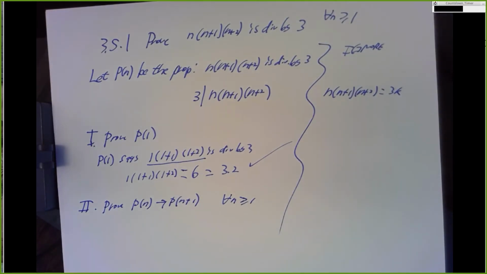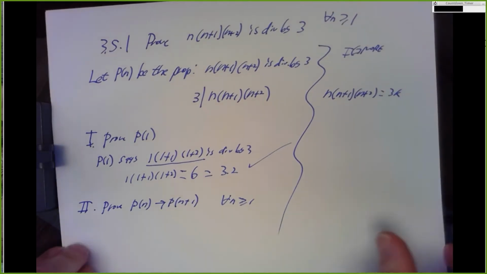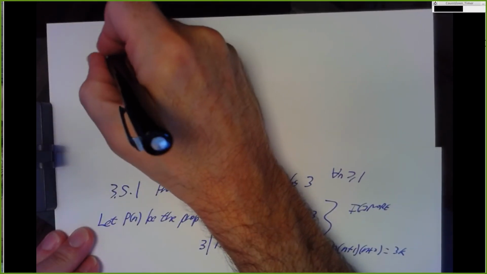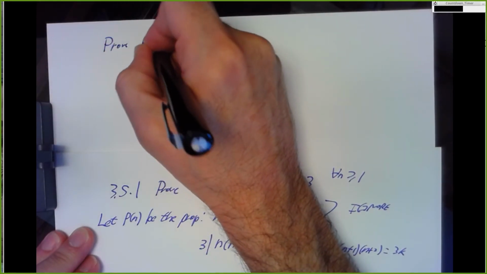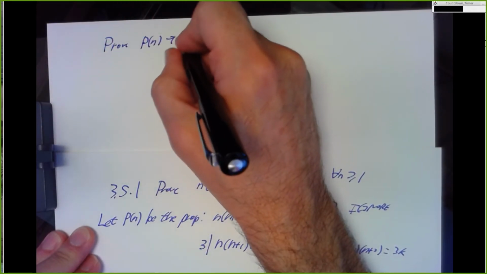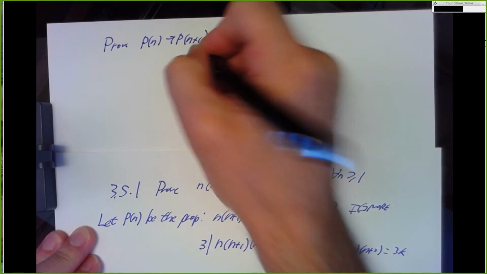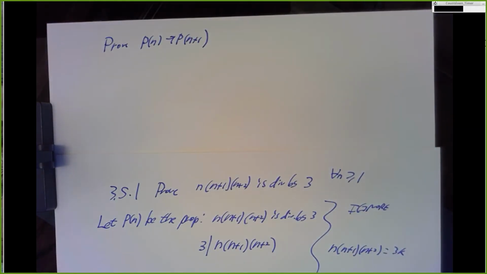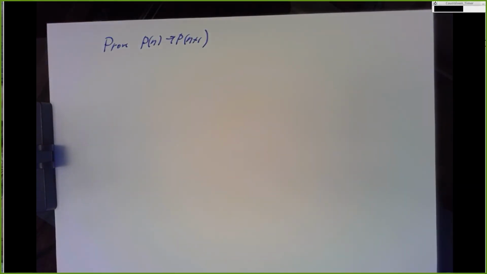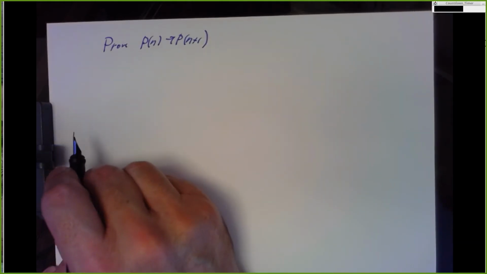So now we have a whole new subproblem to do. So I'll start a new sheet. Prove P of n implies P of n plus 1. Alright, so forgetting about divisibility by 3 and all that kind of stuff, let's just prove this smaller proposition, that if P is true for n, it's true for n plus 1.